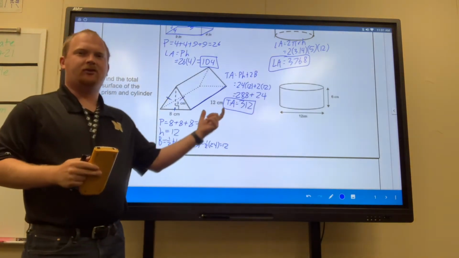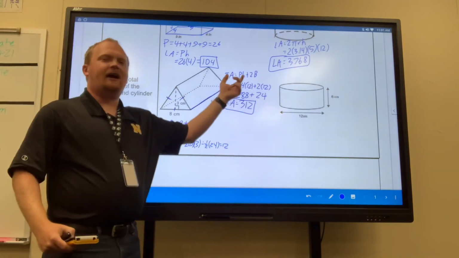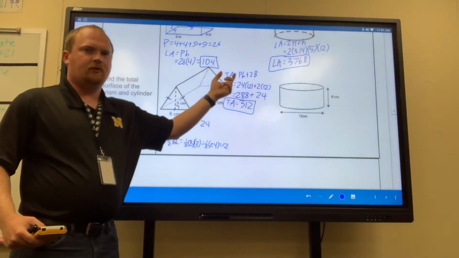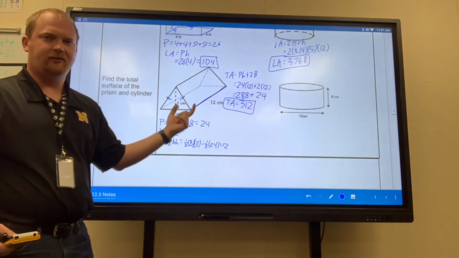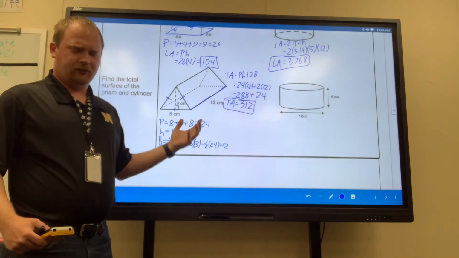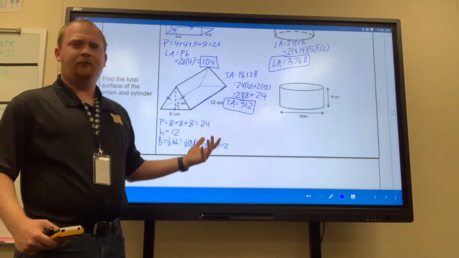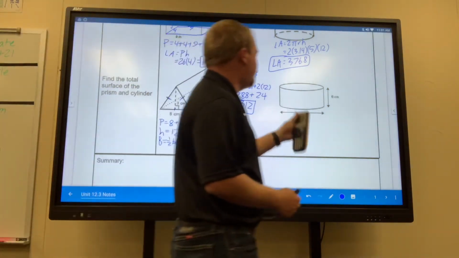Again, we have to be able to find lateral surface area, but to find the total, we also have to include the two bases. So really, if we're capable of finding lateral area, we're only halfway there when it comes to total surface area. So let's try a cylinder.